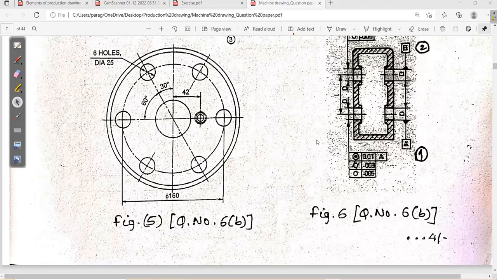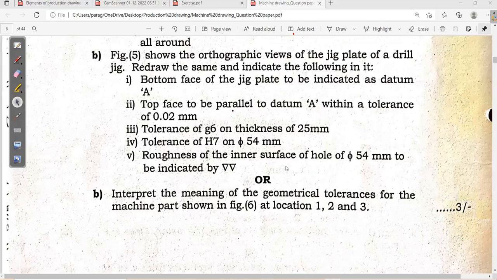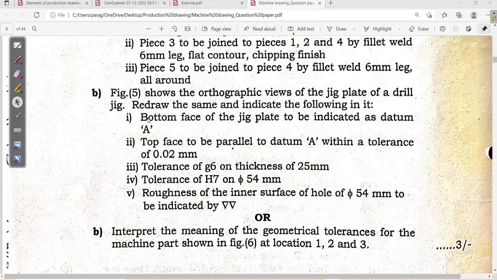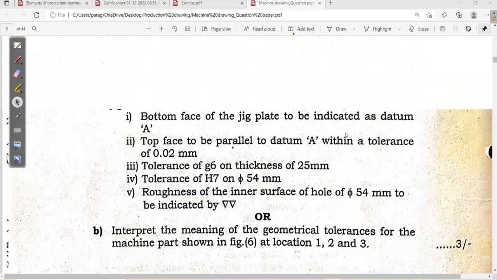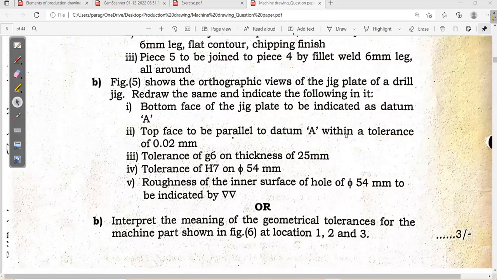Okay, this is figure 5. The bottom face of a jig plate to be indicated as datum A. Show the orthographic views.